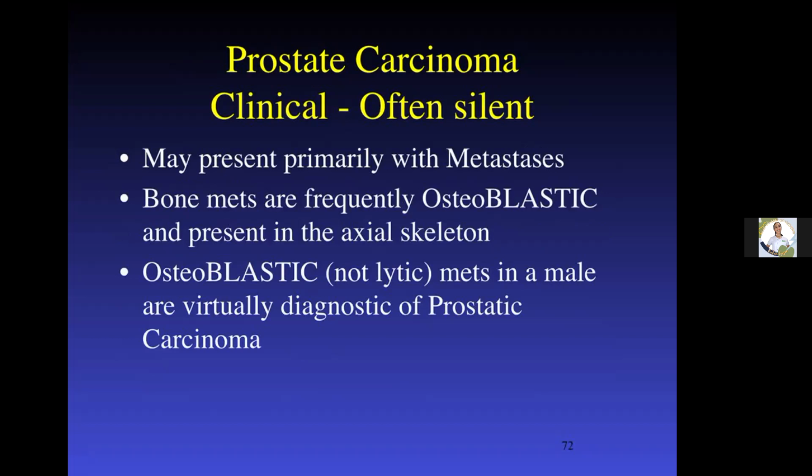Bone mets are frequently osteoblastic and present in the eggshell skeleton. They are osteoblastic, not lytic, metastases in a male patient, and they are virtually diagnostic of prostatic cancer. So if you see an osteoblastic lesion in a male patient, you think of metastatic prostatic carcinoma.